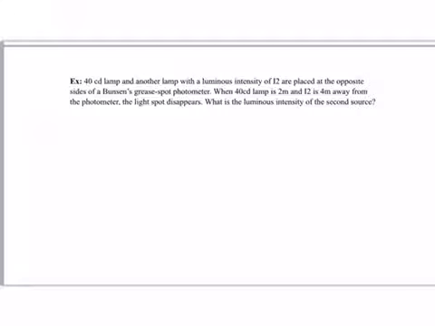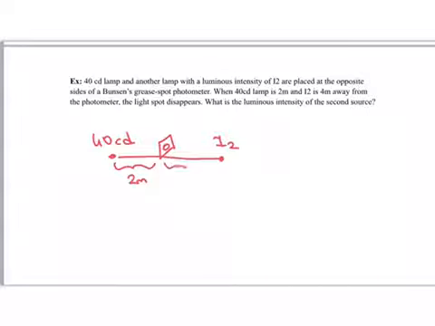Let's do an example. A 40 candela lamp and another lamp with a luminous intensity I2 are placed at opposite sides of a Bunsen grease spot photometer. The 40 candela lamp is 2 meters and the other is 4 meters away from the photometer.